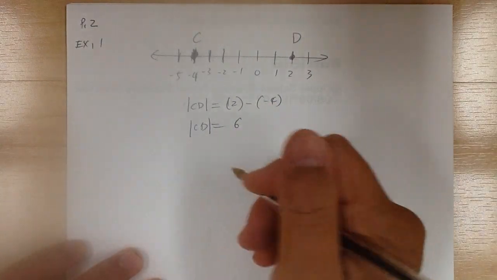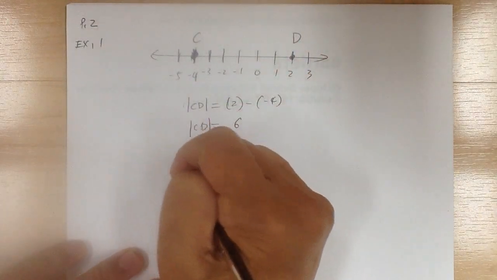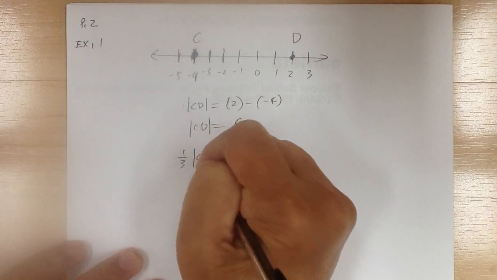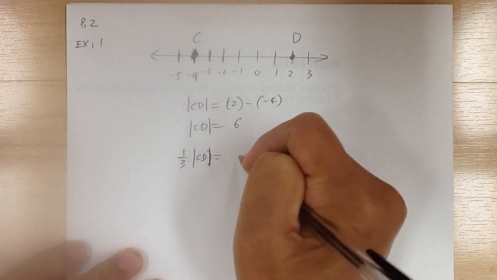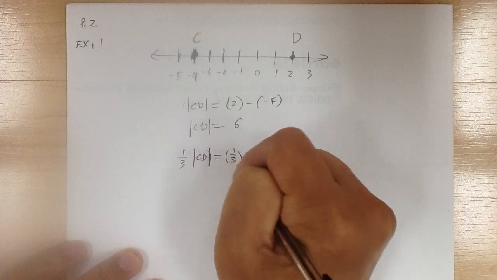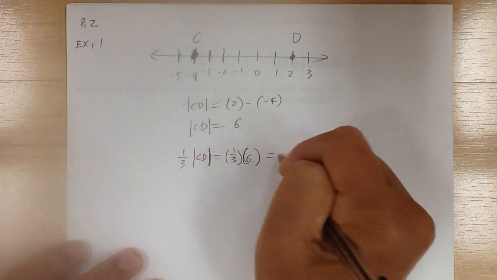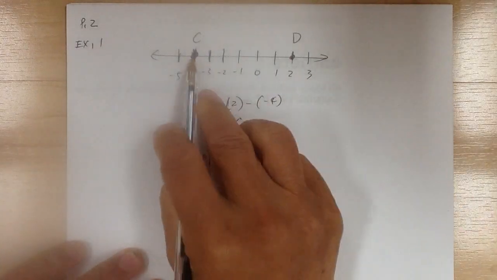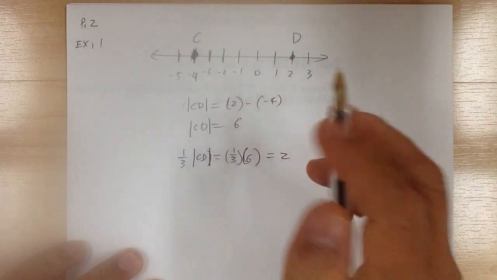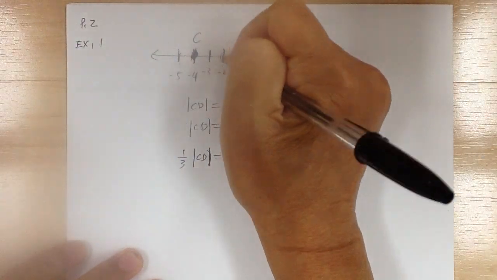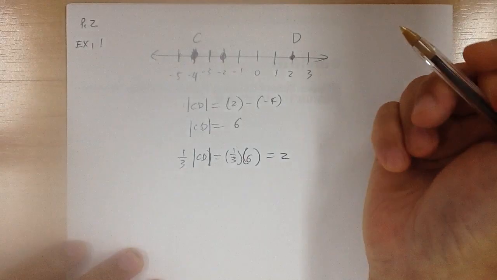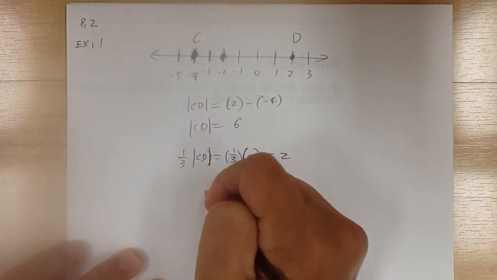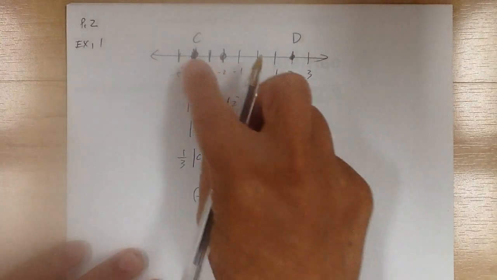And you want 1/3 of the way. So 1/3 of that will equal 1/3 times 6, and this will equal 2. From here to here is 6, and 1/3 of the way will be 2, so the point that you're looking for is over here. The way you do that is you start from point C, which is -4, right?